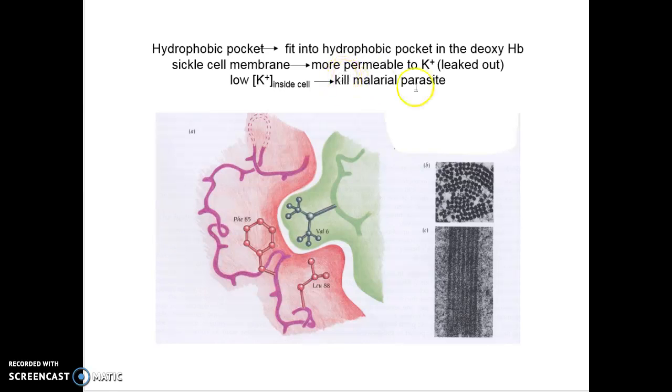High concentration of potassium in cytoplasm is required for malaria parasite to multiply. That's why malaria is very limited in proliferation in this patient.